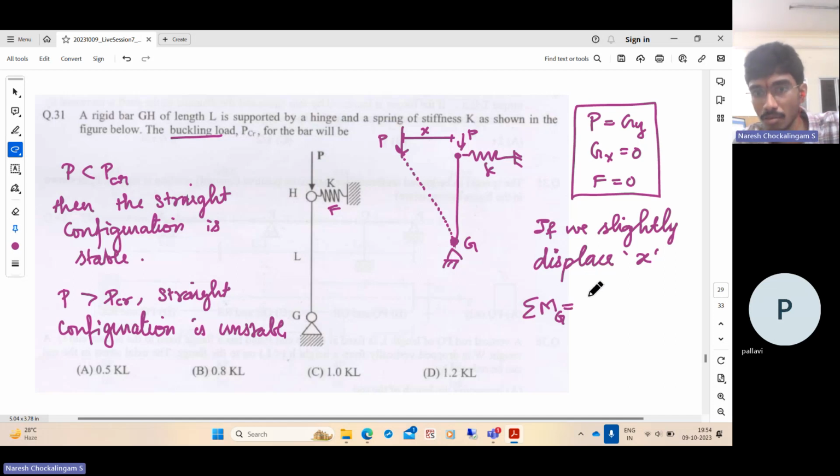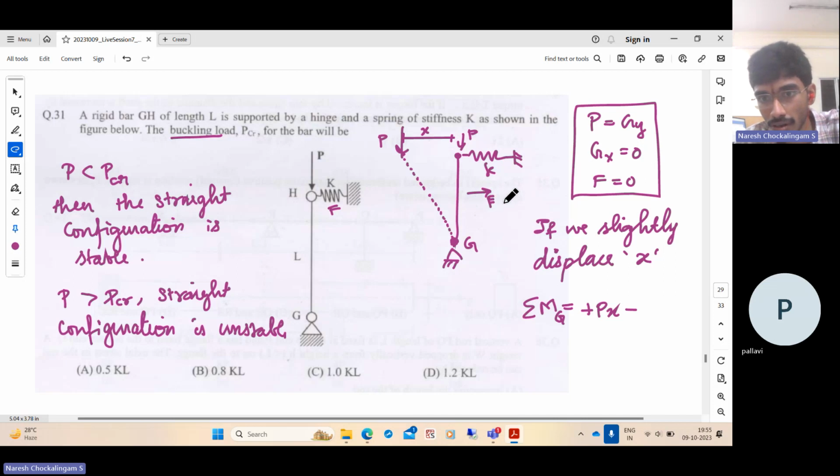You just take the moments about G. We have a counterclockwise moment due to P. So P acts at a distance x, which is plus Px, minus K. If it is displaced in the left direction, the spring force will be towards the right.